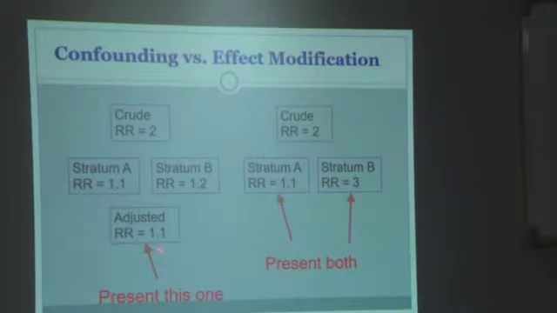Okay? Here, in presence of confounding, you present the adjusted measure, which is an average of these to remove the confounding. Once you find confounding is present, you adjust for it and report the one which has removed it. Here, the purpose is not to remove effect modification because it is not a phenomenon to be removed.